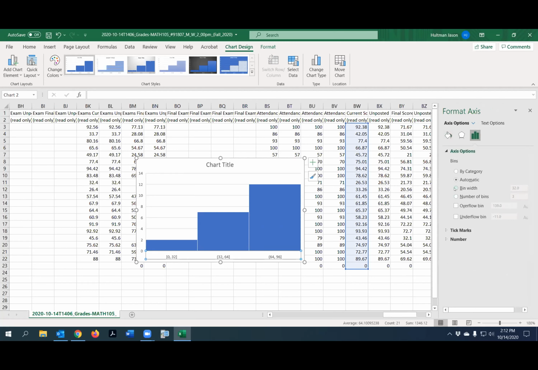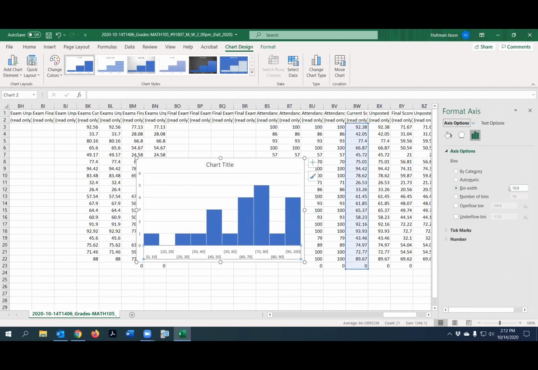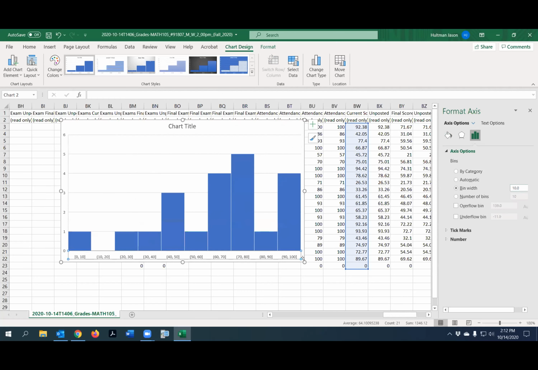Axis options. Nice. Bin width. We do not want bins of 32. What do we want bins of? We want bins of 10. Why? Because that breaks it down to show the grade distribution in here. So here's the grade distribution by grades.